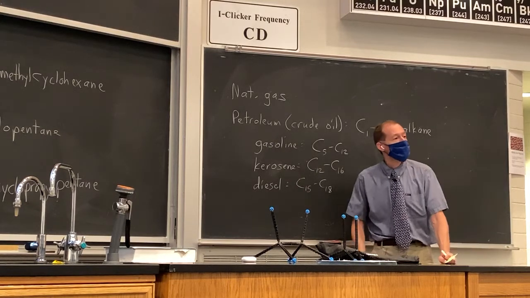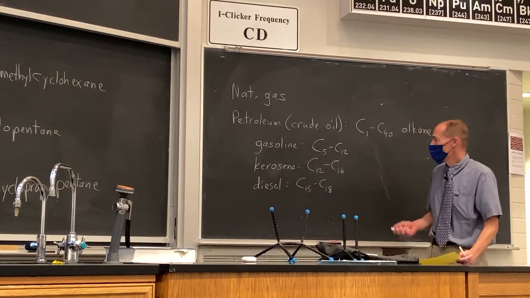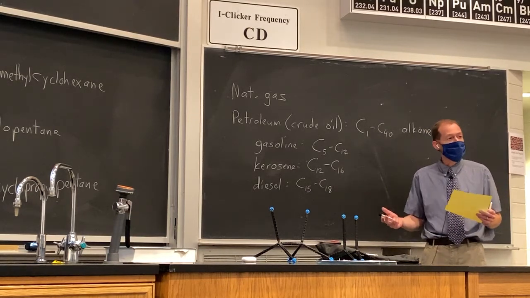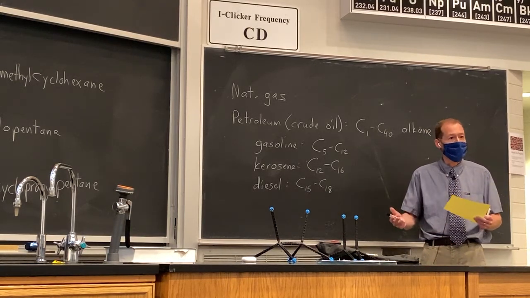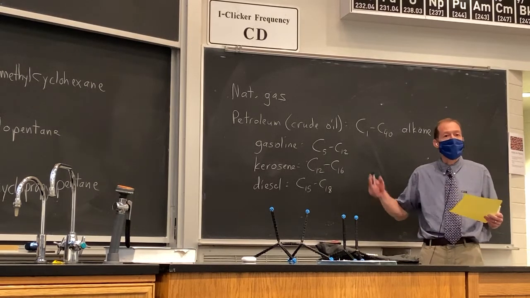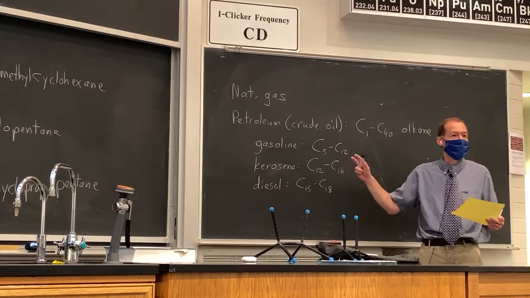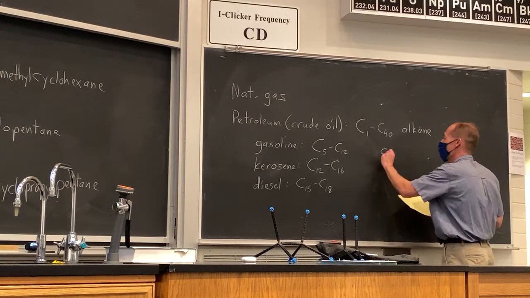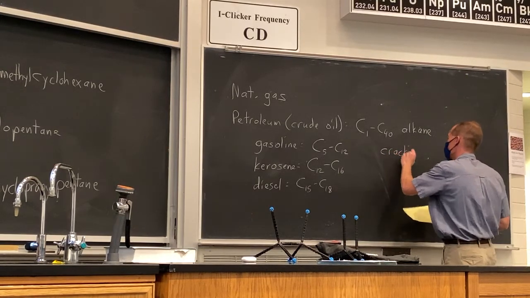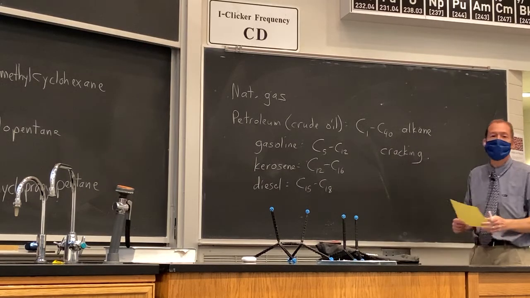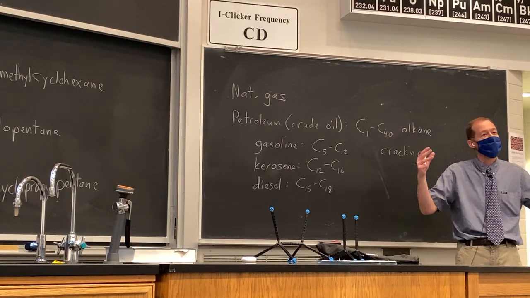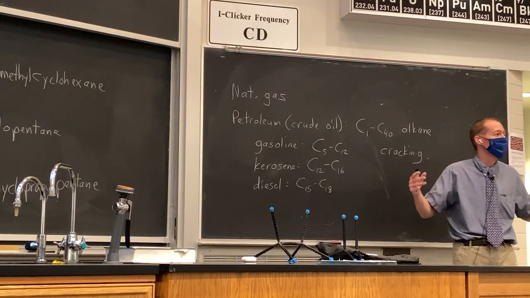Okay? So gasoline is the most valuable component of petroleum. Since oil companies are in the business of making money, they've figured out how to convert petroleum into as much gasoline as possible. They have two processes that they perform. One is called cracking. Cracking, as the name suggests, takes the longer chain alkanes and breaks them into smaller components.